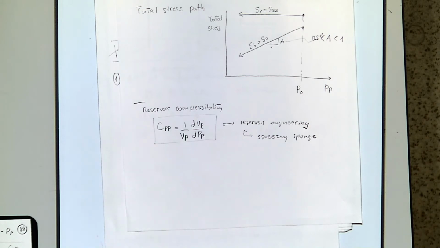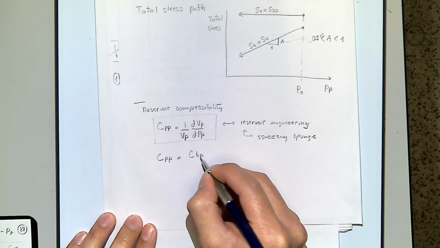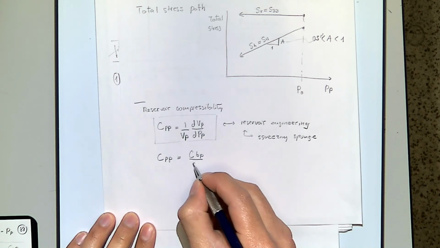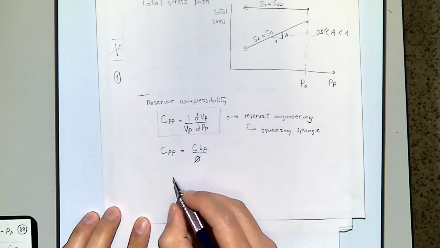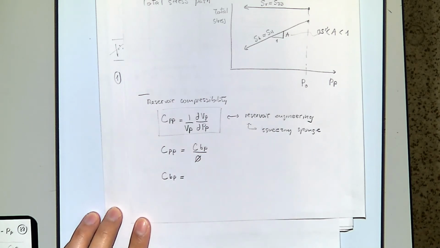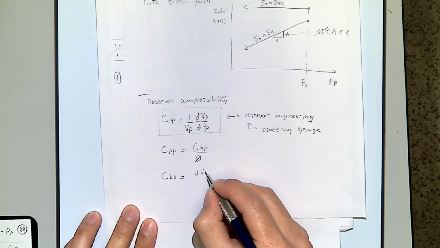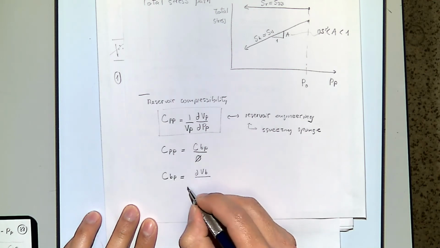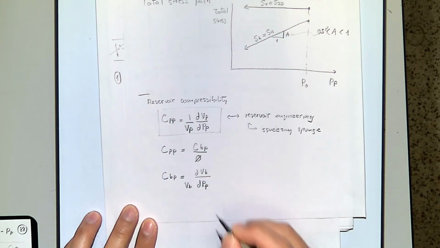So how does this link to what we have been doing so far? Well, this C_pp turns out to be the bulk rock compressibility divided by the porosity. And the bulk rock compressibility is defined as the change in bulk volume divided by the original bulk volume due to a change in pore pressure.